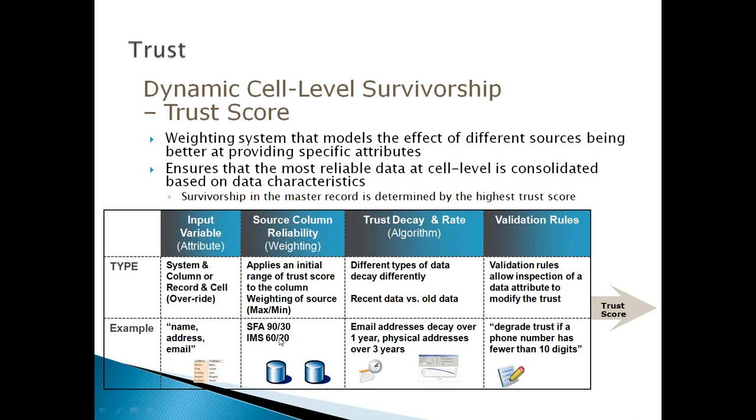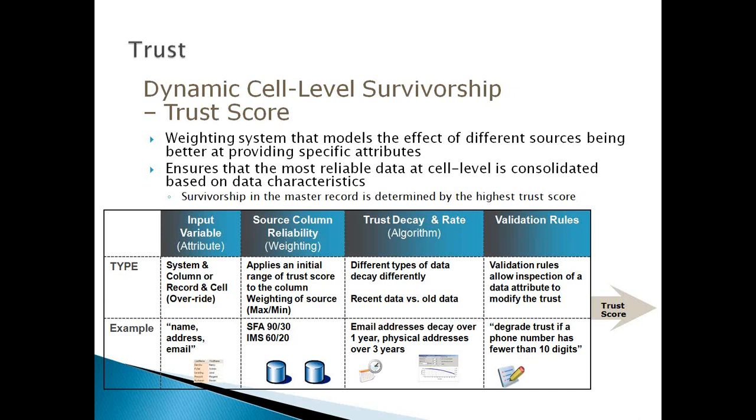For example, if you consider the slide, I have an SFA system and an IMS system, which I have given 90 and 60. Suppose the SFA system is more trusted, but it is giving me a 9-digit phone number, while the IMS system is giving me a 10-digit phone number.